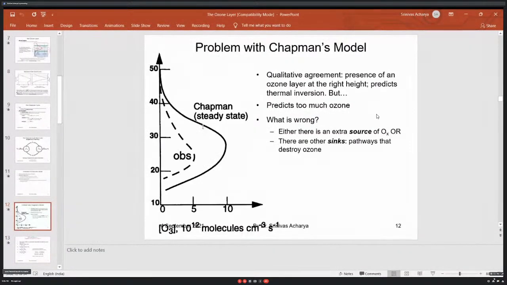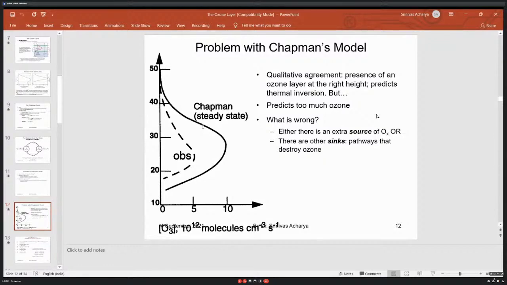So what is the problem with this Chapman model? The qualitative agreement is the presence of an ozone layer at the right height and prediction of the thermal inversion, but it predicts too much ozone. What is wrong with this statement? Either there is an extra source of odd oxygen, or there are other pathways that destroy the ozone.